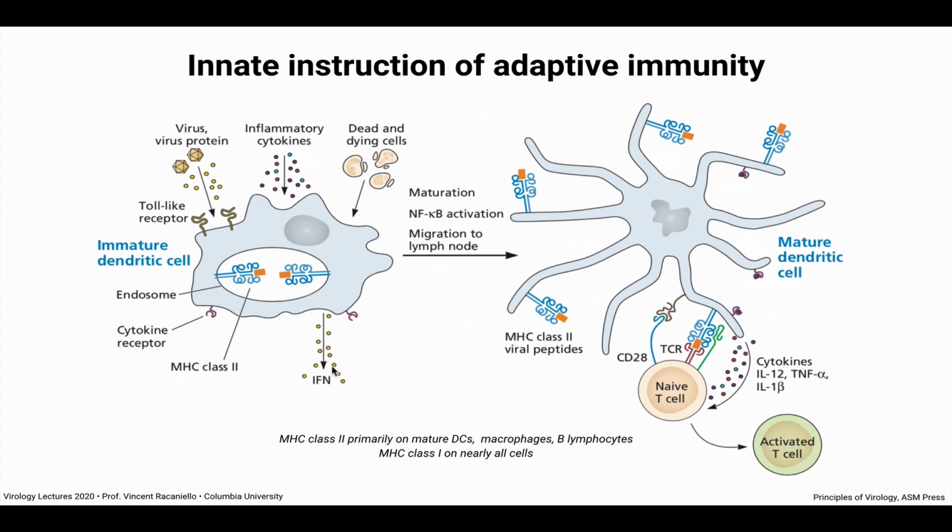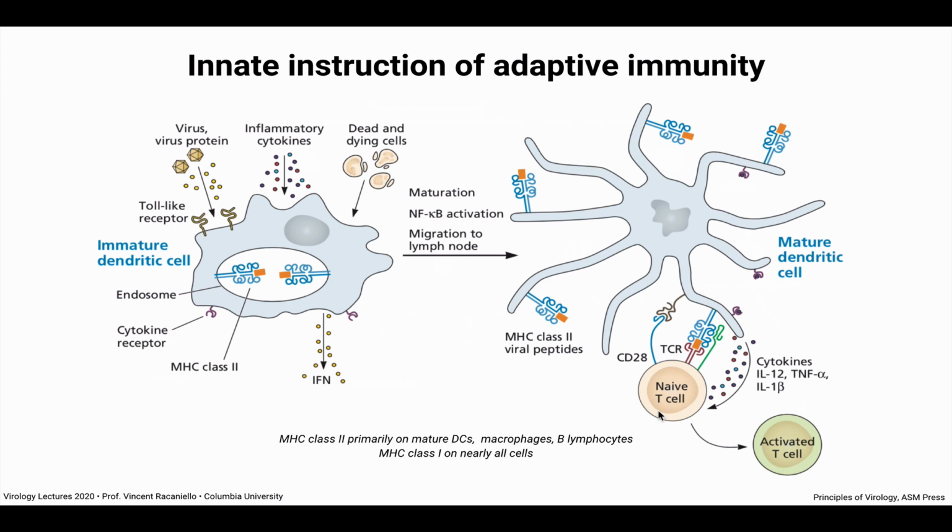They can secrete interferon. They can take up dead and dying cells. They can be stimulated by inflammatory cytokines, and they can detect viruses and viral proteins, nucleic acids, via toll-like receptors and cytosolic helicases. If these dendritic cells detect foreign PAMPs, pathogen-associated molecular patterns, they will become activated or matured. They migrate to the lymph node, where they're going to then interact with naive T cells.